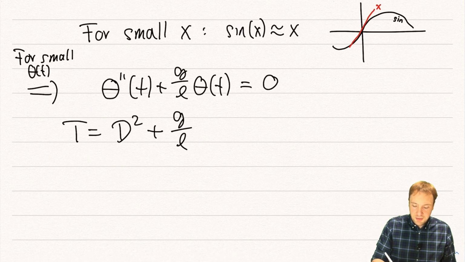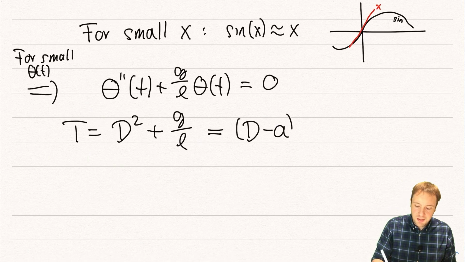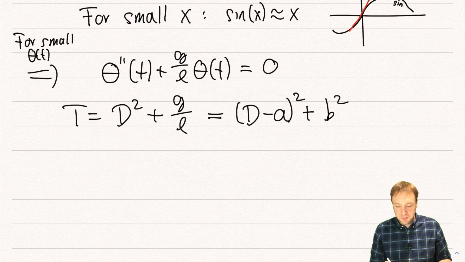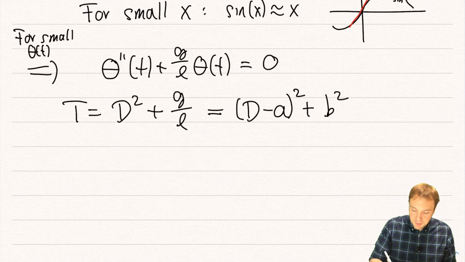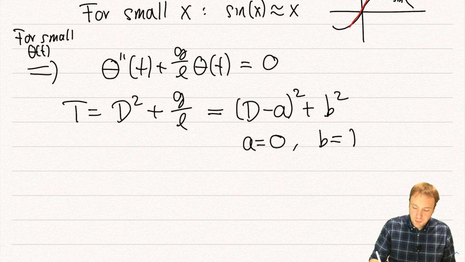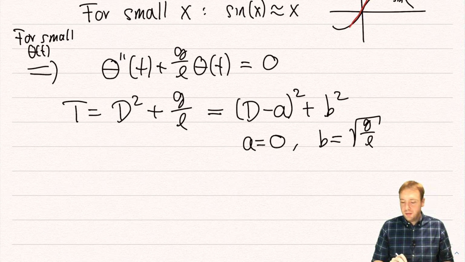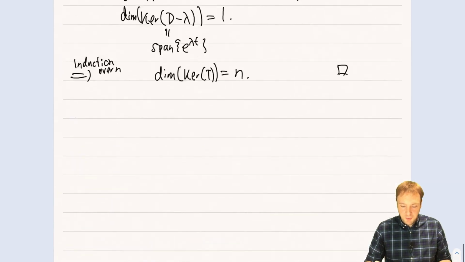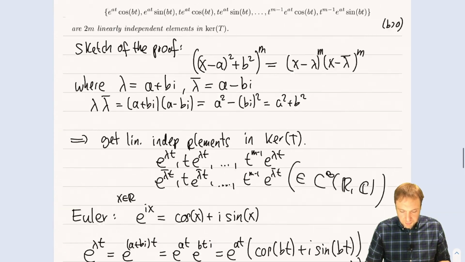And now this has a shape as follows. This is (d minus a) squared plus b squared. So this is one of these types where we have sine and cosine. In this case, a is 0 and b is the square root of g divided by L. So now let's go back to our theorem here.